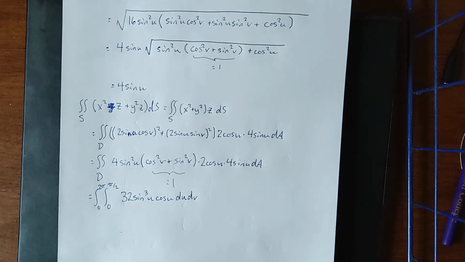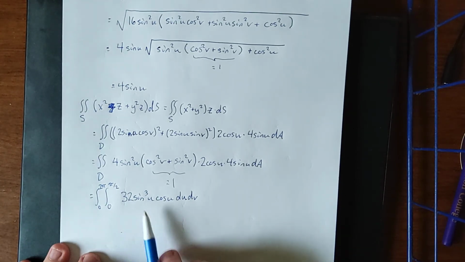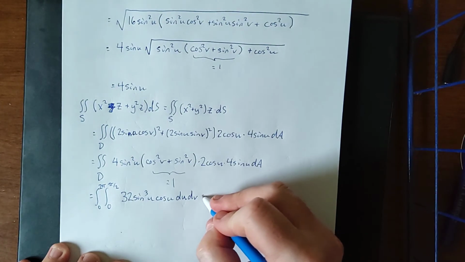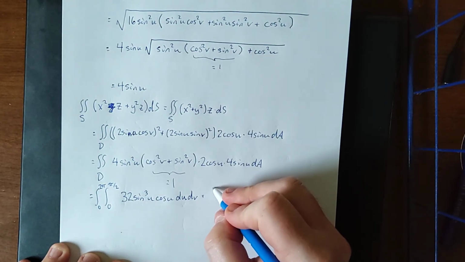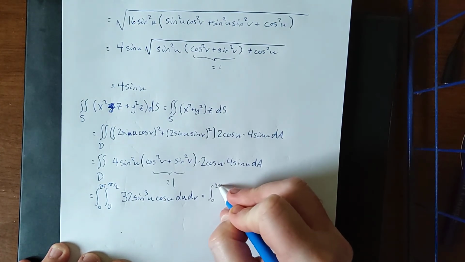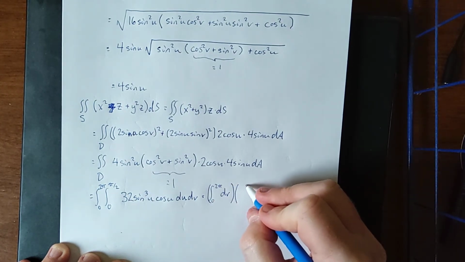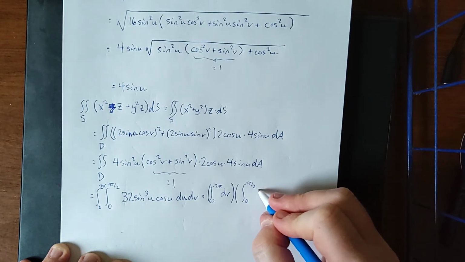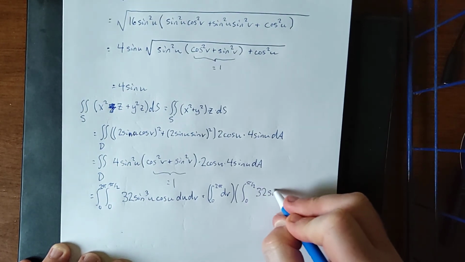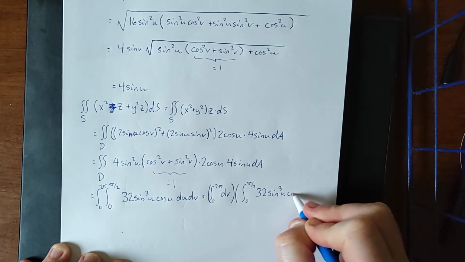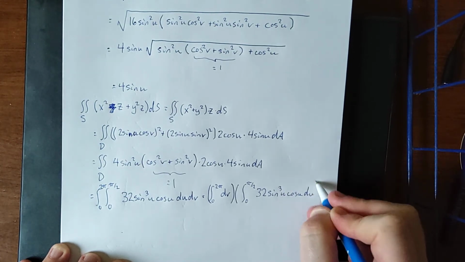Now with those things in mind, looks like we can apply Fubini's shortcut here and break this into 2 single integrals. So this will be the definite integral from 0 to 2 pi for dv, and from 0 to pi over 2 for 32 sine cubed u cosine of u du.